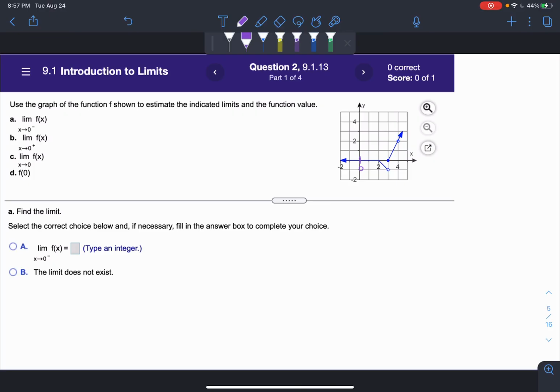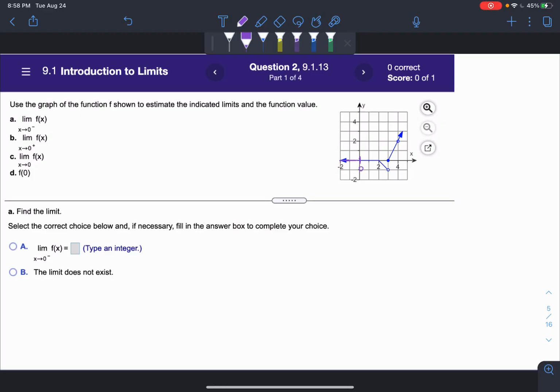So I'm going to trace my finger starting on the leftmost part of the graph, and go left to right and trace along the function until I get to this point, x equals 0. And as I'm getting closer, I want to notice what my function is doing and what value it's approaching. And so it seems to be approaching 0, which might be hard to see here.